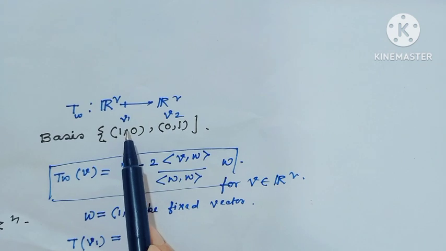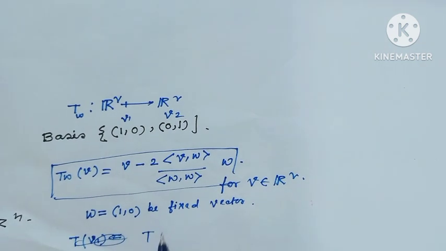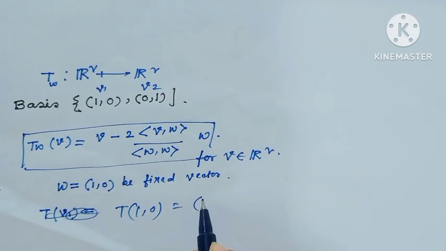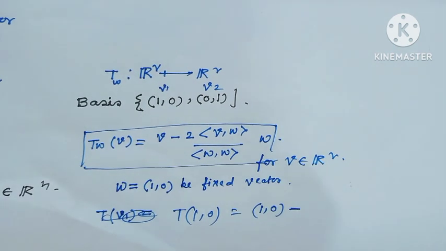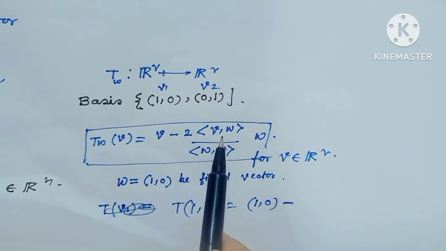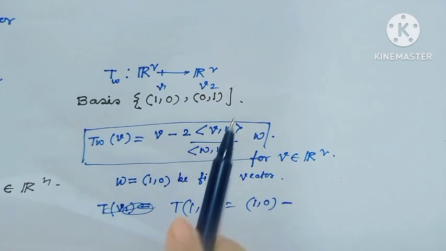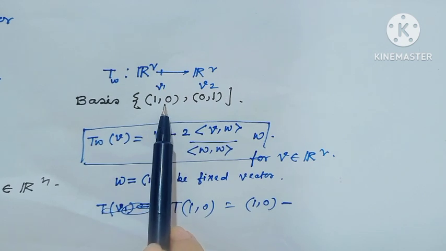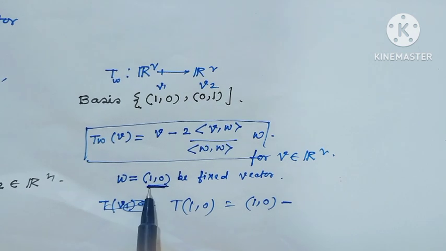With respect to this basis vector, T(V1) means T(1, 0). The inner product of V with W, where I have considered W to be (1, 0), means (1, 0) with (1, 0), so this value is 1.